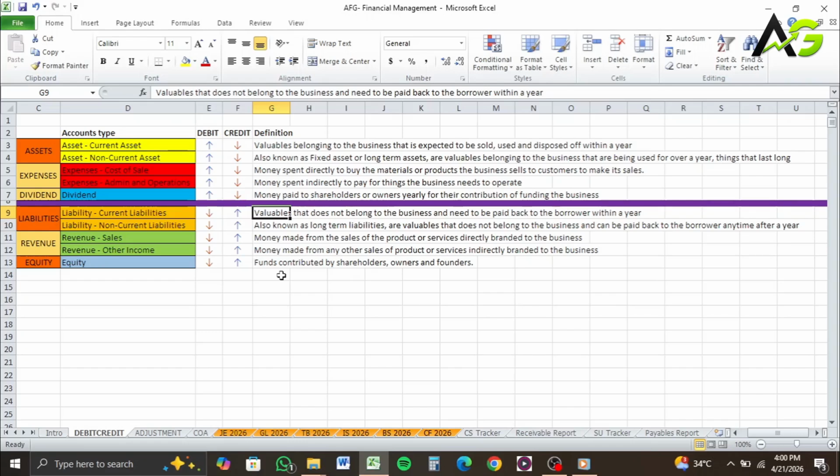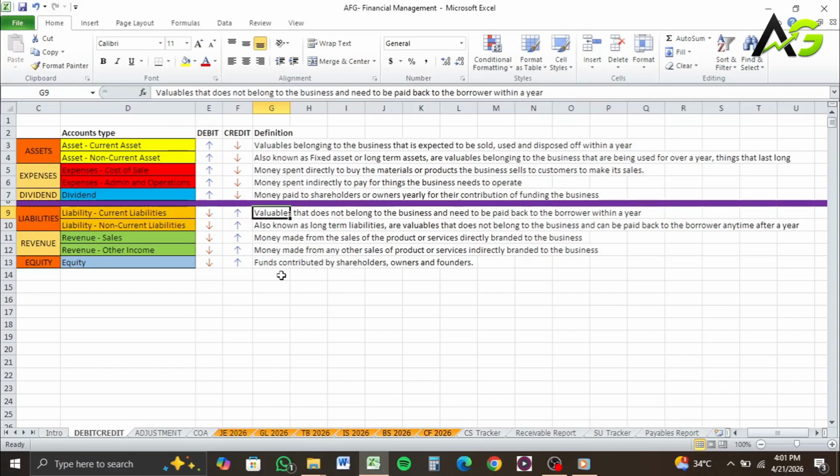It can be in the form of payables. In this case, if a customer pays you money, but you have not delivered the goods that they paid for, you owe them. So that money that the customer pays is classified as a payable, as a current liability.